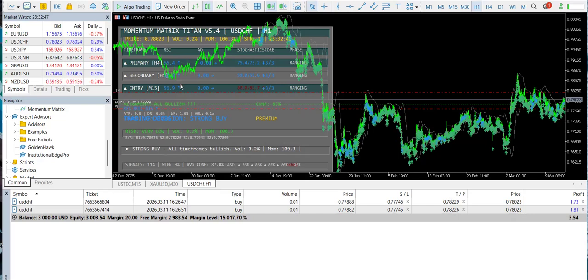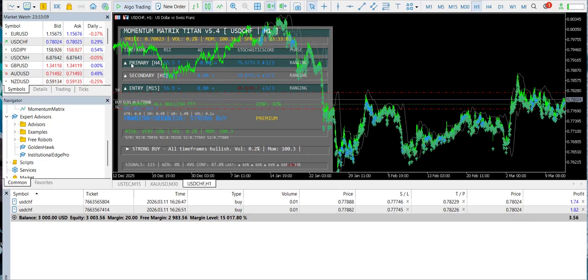So what happens is that for you to enter and use the signal provided by this indicator, you're supposed to make sure that all the time frames are aligned together.